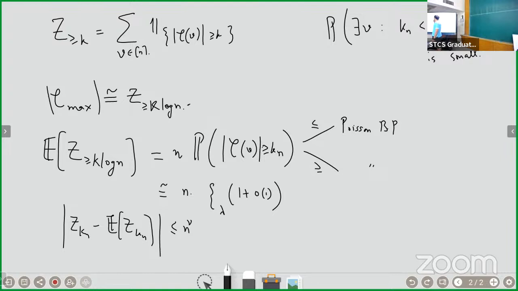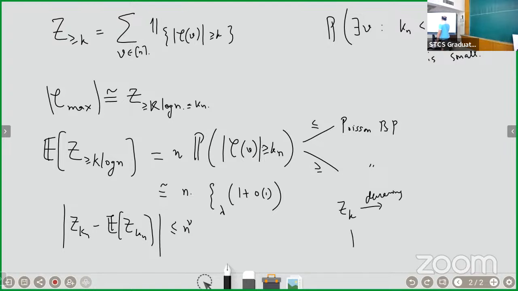Remember that this is little k. Then these quantities are simply equal, so there is nothing in between. This keeps going down. Z_k is decreasing.